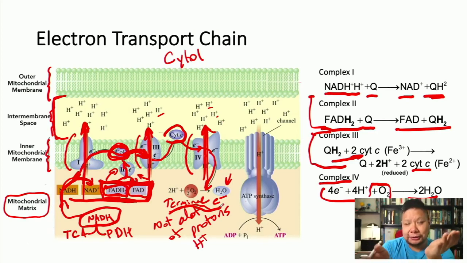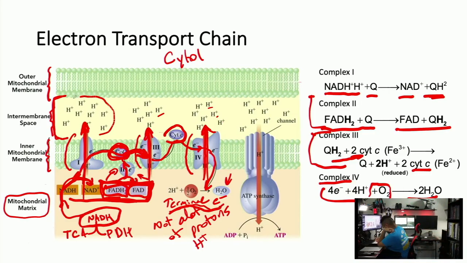So you have an isotonic solution where the concentration is the same on both sides of the membrane.